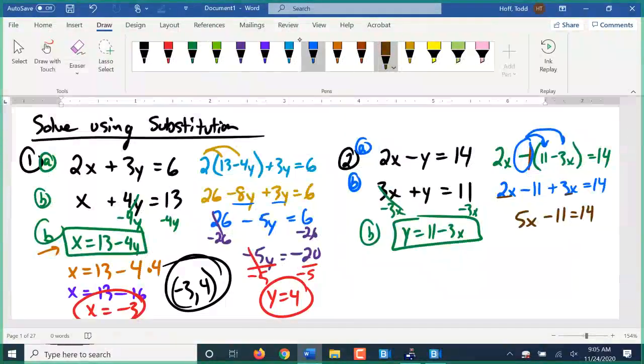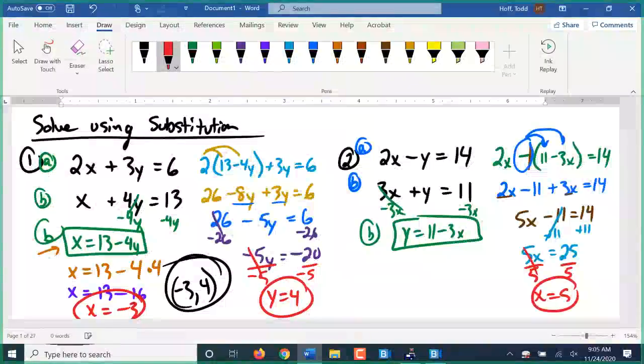We will add 11 to both sides. 5x equals 25, and then divide by 5. X equals 5. Now, of course, we can go back to find y by using this equation here and putting 5 in for x.